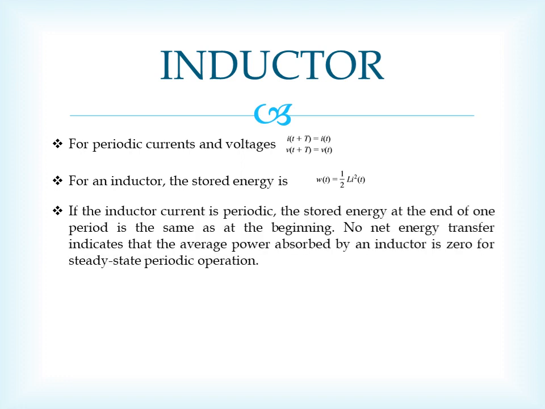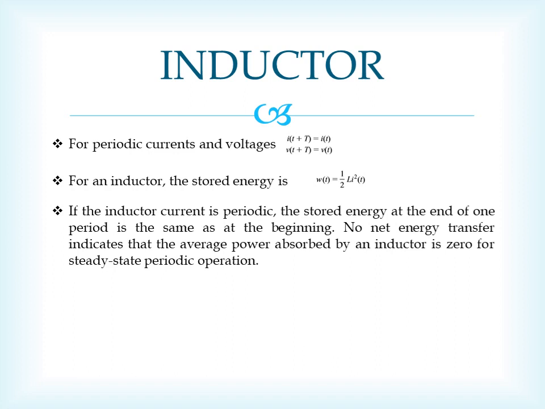Now, if the current is periodic across the inductor, the stored energy at the end of one time period is the same as at the beginning, because there is no net transfer of energy, and this is what we call steady state.